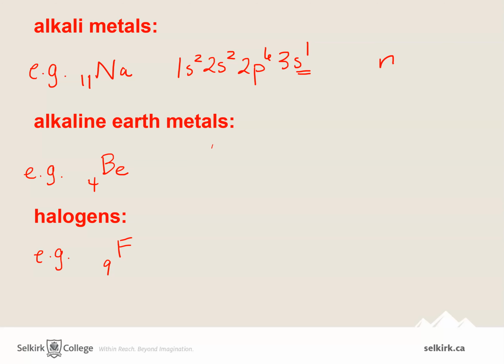I could look at any other alkali metal, and its valence configuration would be ns1. The n would vary. Different alkali metals would have different values for n there. What I see there is that alkali metals then have only 1 valence electron. Only 1 electron in the highest occupied energy level.